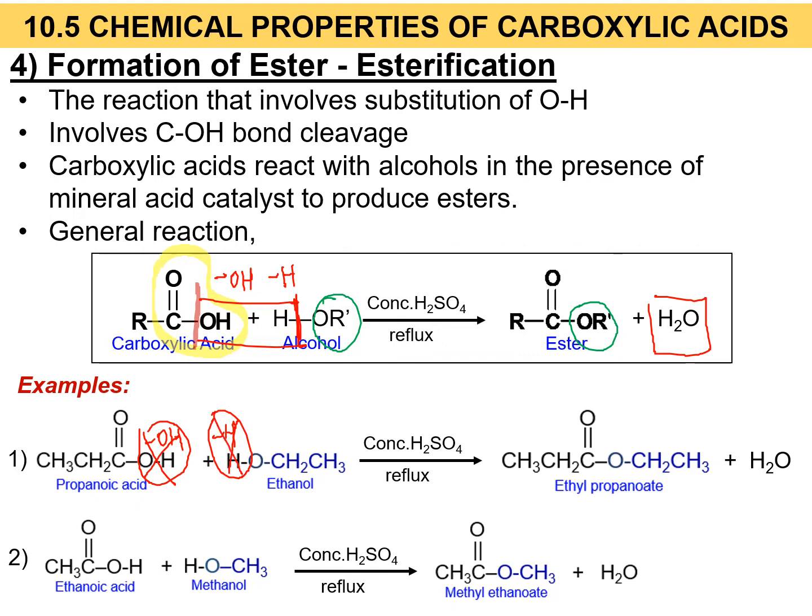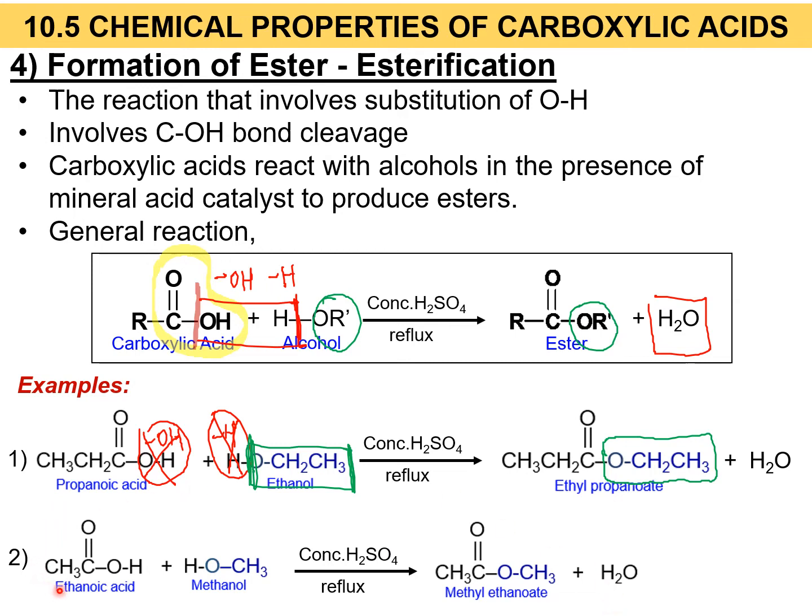Okay, so kita akan buang hydrogen this one. And kita akan substitute dekat tempat OH of the carboxylic acid ialah this OCH2CH3. Okay, so you can see here dia akan menghasilkan ethyl propanoate di mana tempat OH ni tiada sebab dia digantikan dengan OCH2CH3. Okay, and also dia akan ada side product H2O because kita dah buang hydrogen of the alcohol and OH of the carboxylic acid. So that's why dapat side product H2O.